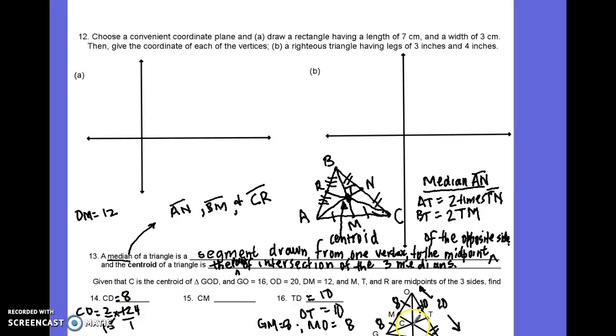CM is the shorter of the two segments which make up the median, from C to M. C to M is the shorter, so it's not going to be 2/3, it's 1/3 of the overall length of the median, which is 12. 3 goes into 3 once, 3 goes into 12, 4 times 1 is 4, so CM is 4. Okay? So that's the way you would do that.